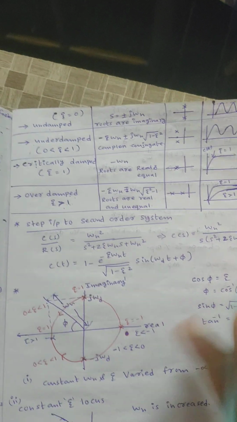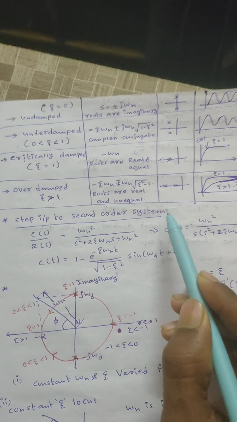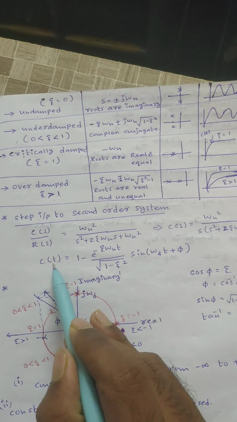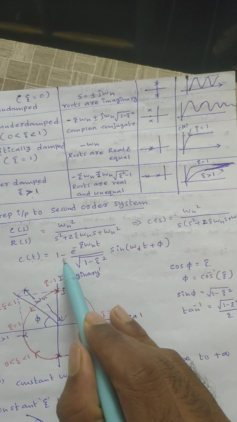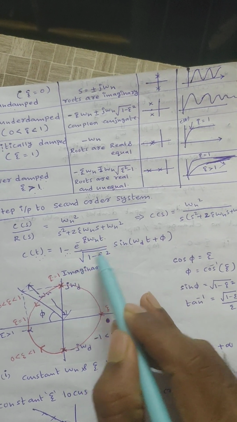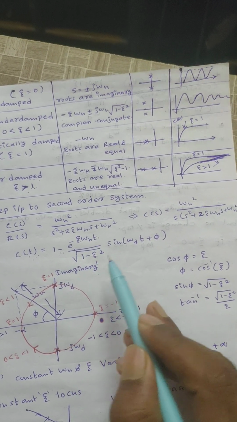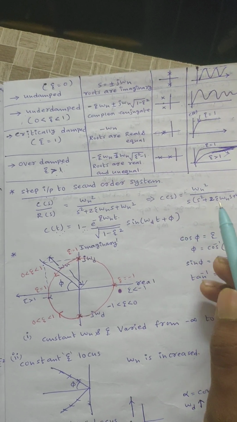After that, when a step input is given to the second order system, I am directly writing the equation. The output c(t) is equal to 1 minus e power minus zeta omega n t divided by under root 1 minus zeta square, into sine of omega d t plus phi.